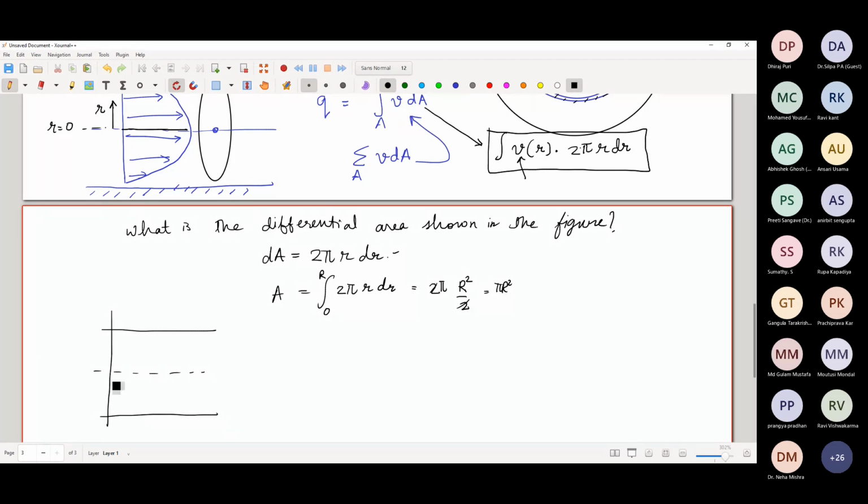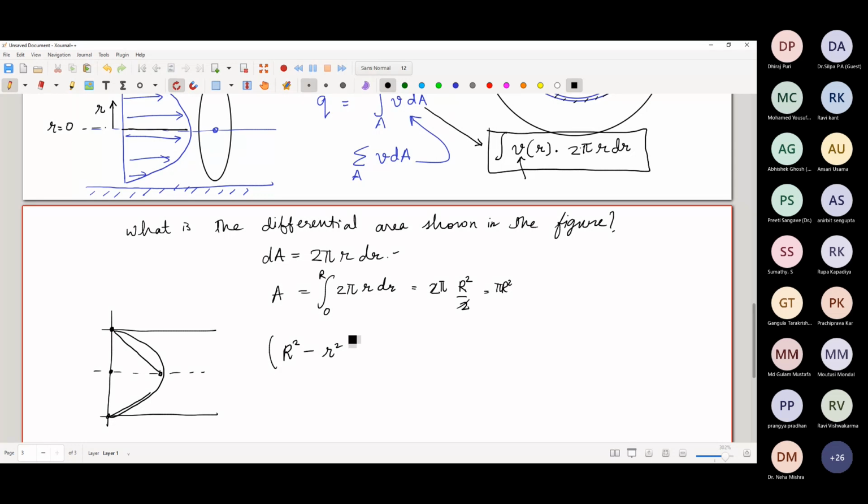Let us imagine a very simple situation where the velocity varies radially. Let us say that the velocity is zero over here and it has a maximum over here. So what can be a profile, or even something like this we can imagine. Let us write down the profile. The profile will be capital R squared minus r squared.